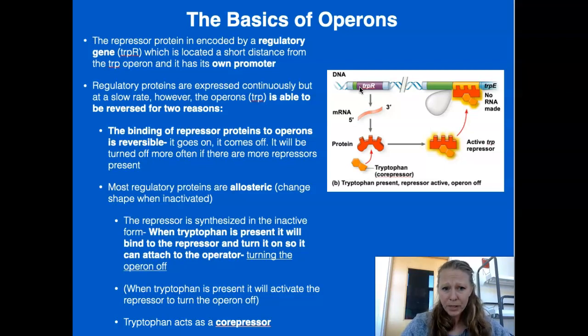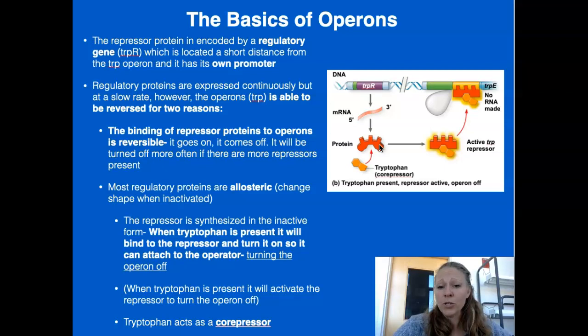So when this repressor protein is synthesized from the regulatory gene, it's going to be translated in a way that means it's off. And in order for it to turn on, it's going to need a co-repressor. So let's say that again. This protein, when it is translated, is translated in an off state.